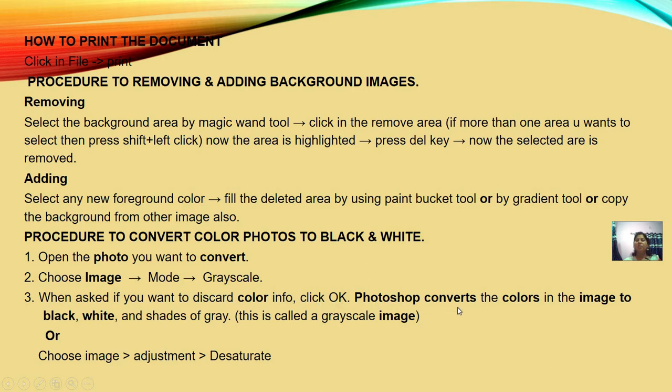So Photoshop converts the color image to black and white, and this is called a grayscale image. You may choose this option, or you may choose Image, Adjustment, and Desaturate also.